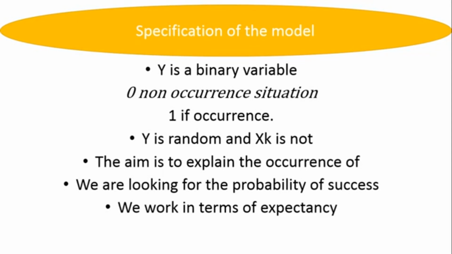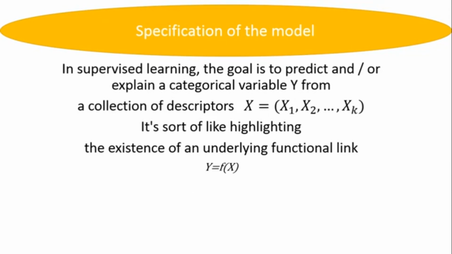And you need to know also that in logistic regression, we work in terms of expectancy. So the main objective is to predict or to explain a categorical variable y from a collection of descriptor variables that can be enumerated as x1, x2 till xk.